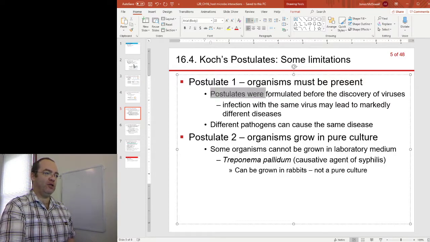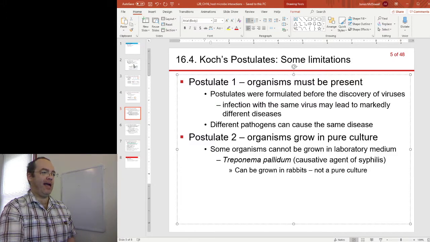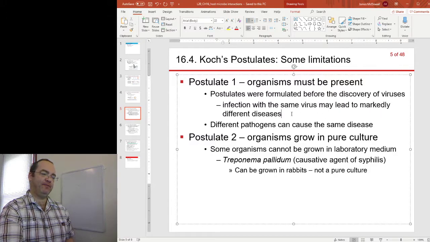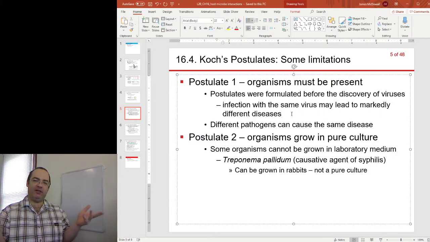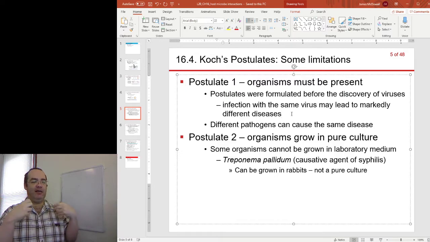I'm going to use the term animal, but I should use the term organism. The postulates were formulated before the discovery of viruses. And we know that you can be infected with the same virus, and that can lead to different diseases. So 2 different populations can have the same virus, but you see different signs and symptoms, essentially a different disease. That's what a disease is.